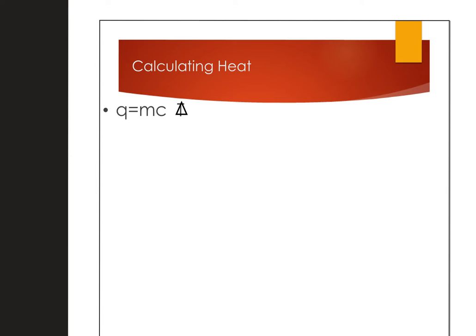So I'm not sure what happened when I put this into my recording app, but the formula got messed up. So let me rewrite the formula here. It's Q equals mc delta T. And this is on the back of your reference table.